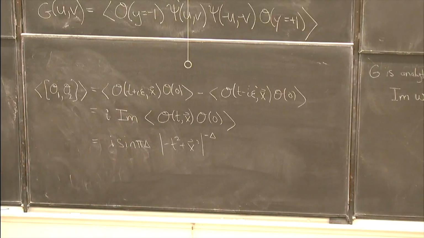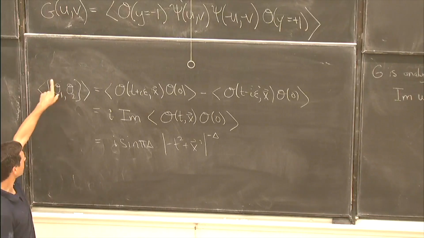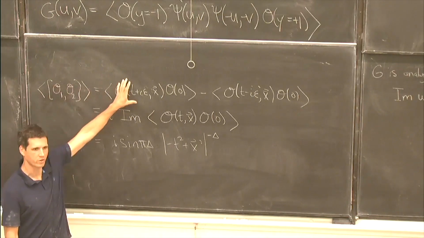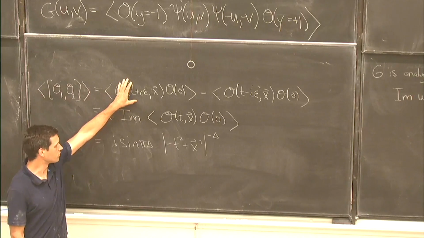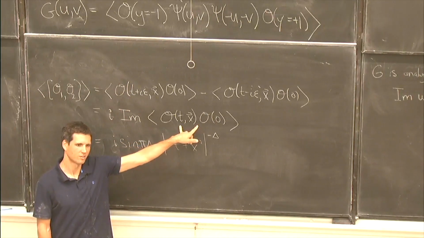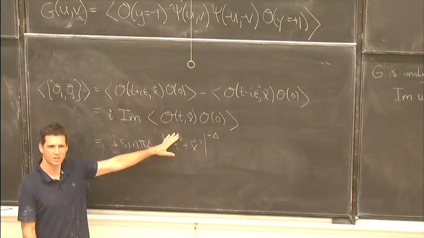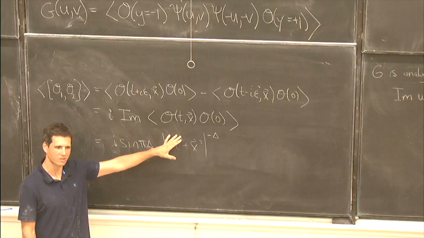And I'm writing these formulas because we're going to see similar things for the 4-point function. We saw some from David already, but we'll see similar things. So the commutator is the discontinuity across the cut, which is equal to the imaginary part of the 2-point function, which is just some phases times the absolute value formula.